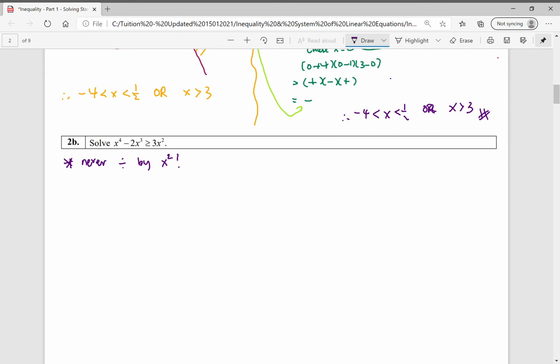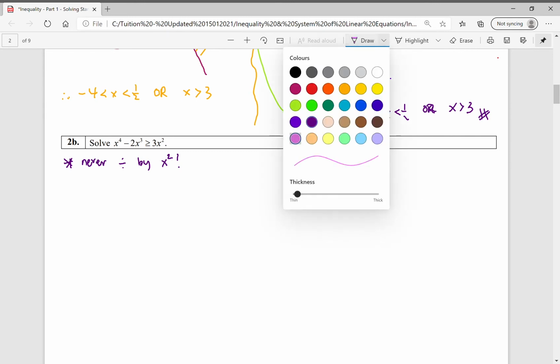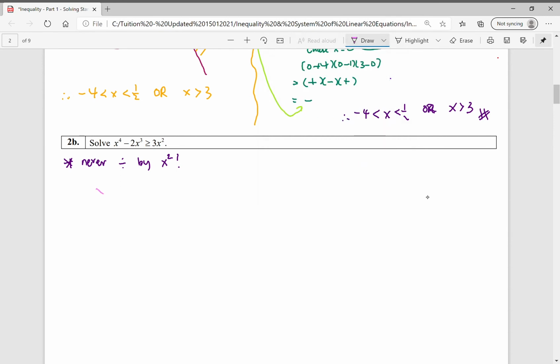So just do the proper way out. Since I can't divide throughout by x square, I'm going to bring everything over to one side, and make sure that the right hand side is always 0.